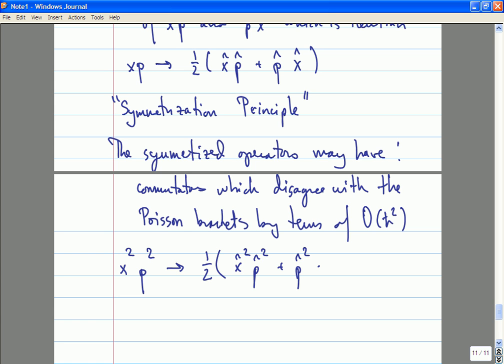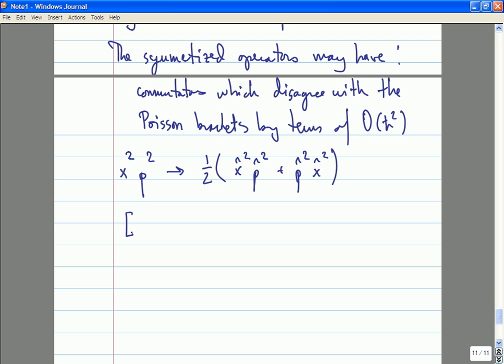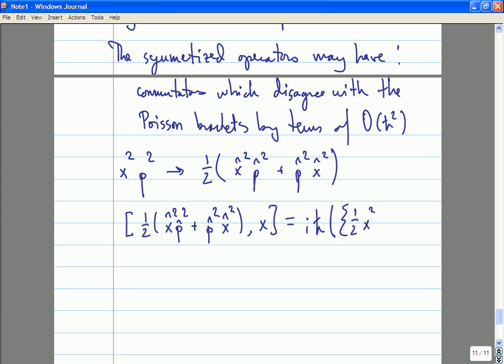And it's a straightforward exercise to check, just using the canonical commutation relations between x and p, that the commutator of x hat squared p hat squared plus p hat squared x hat squared with x, say, is equal to i h bar times the Poisson bracket of those same operators, so x squared p squared with x, plus a term of order h bar squared, which you will compute on the problem set I'm handing out in a few minutes.